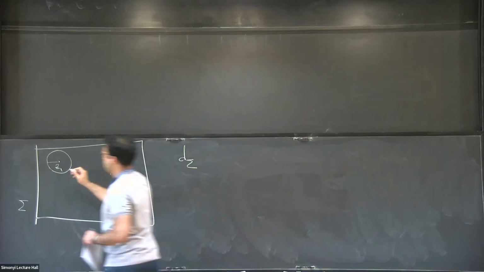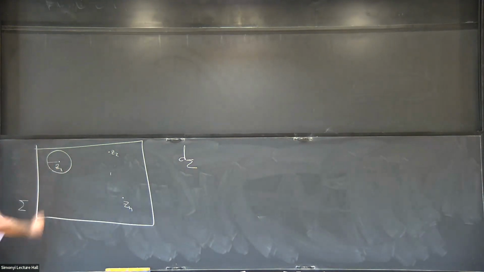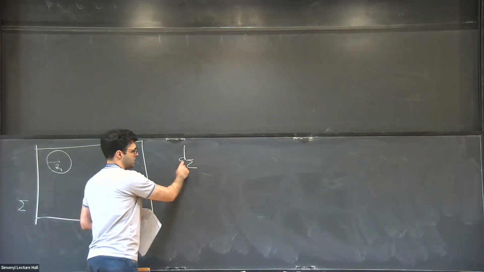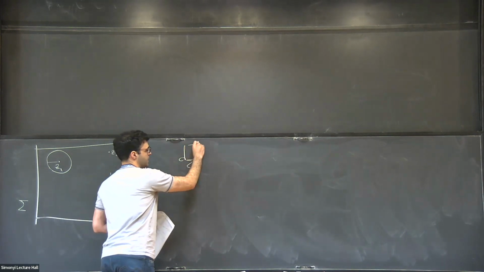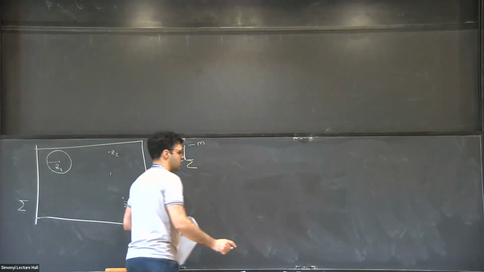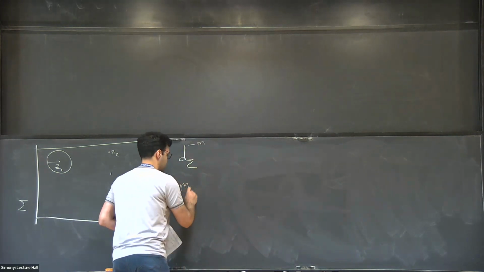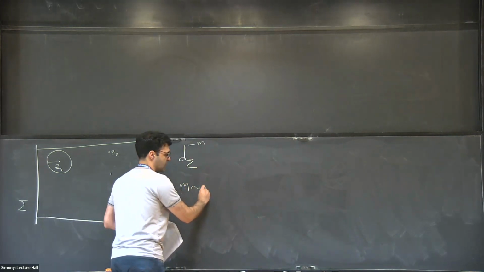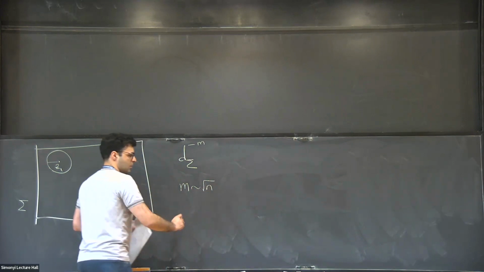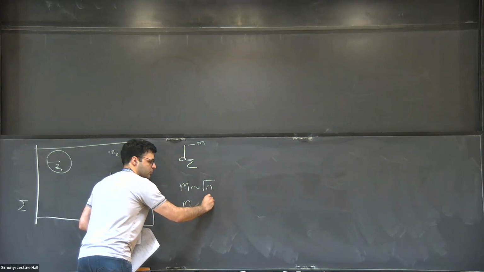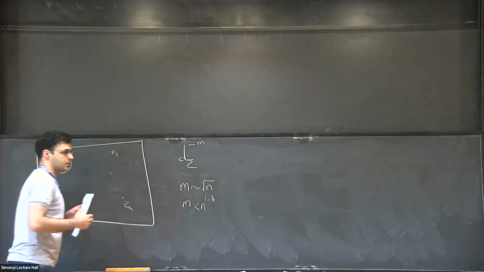The radius of this small ball around these generic points is basically d sigma to the power minus m. You should think about m as a parameter of size square root n. M actually could be anything less than n. So n to the minus delta also works.